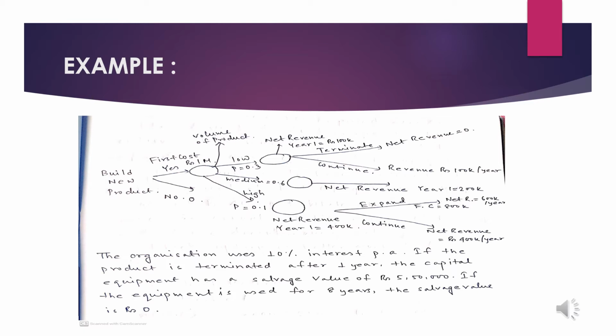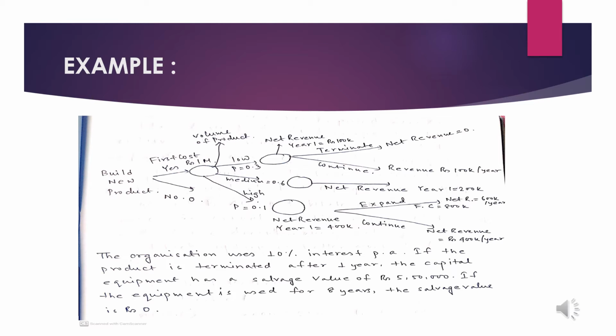Here the organization either wants to expand or wants to continue with the current scenario. If the organization wants to expand, there is a first cost involved which is 8 lakh, and after that fixed cost, the net revenue for the year is 6 lakh per year. But if it continues in the same model, the net revenue works at 4 lakh per year.